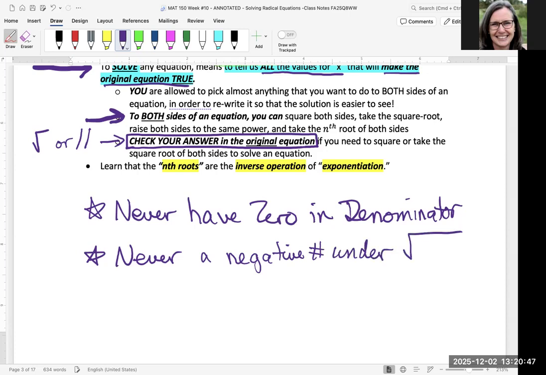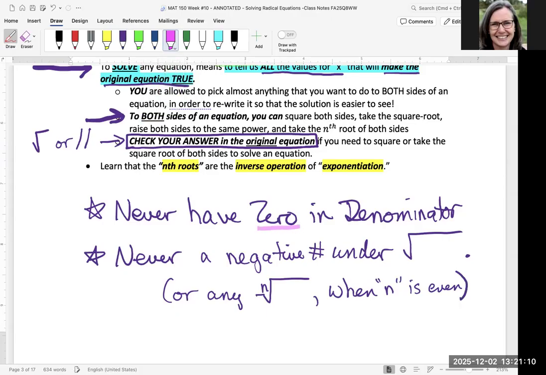You're not allowed a negative number under a square root. Or any nth root when n is even. So 2, 4, 6, 8. All right. So never a 0 in the denominator and never a negative under a radical.